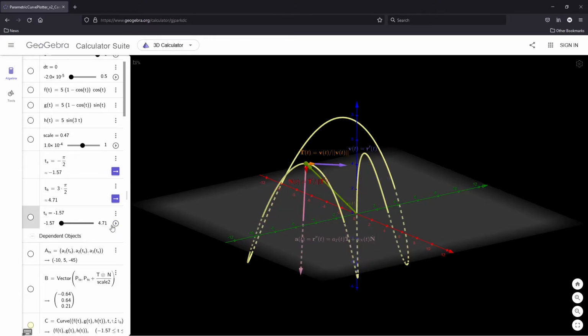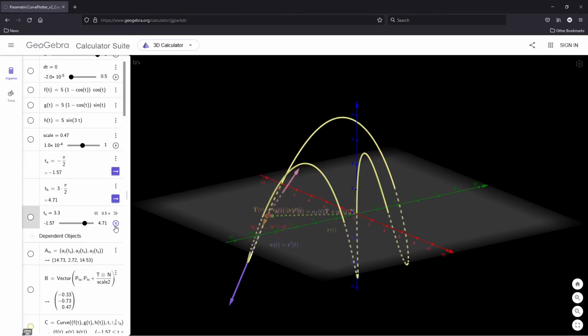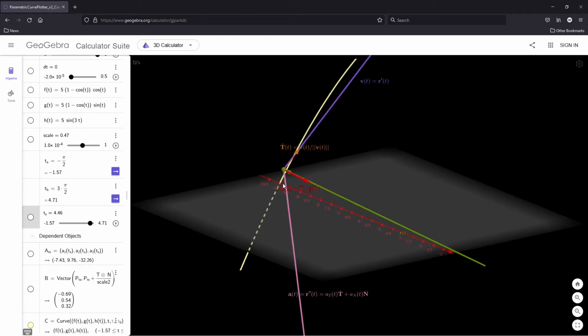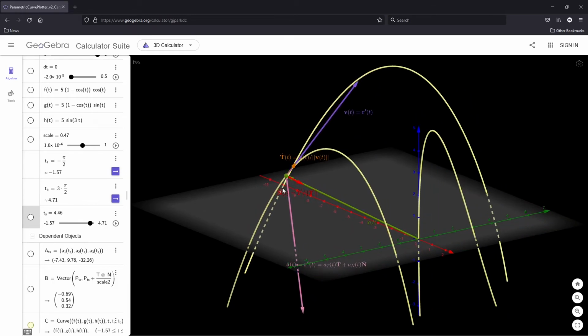So you can very clearly see that at every given point, this acceleration vector is pointing in a general direction, and this general direction is a decomposition of a component in the direction tangent to the curve, as well as a component normal to the curve as well.